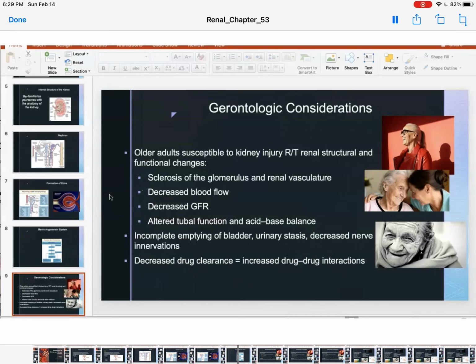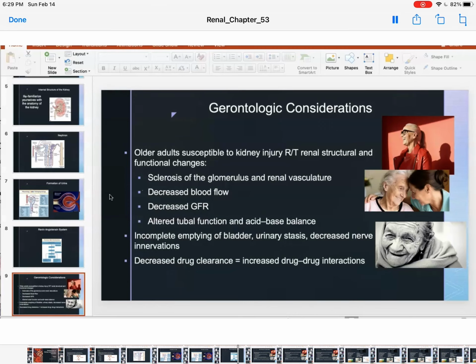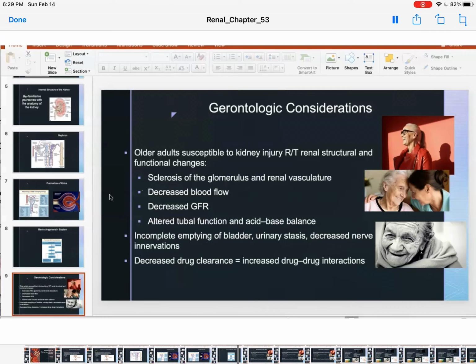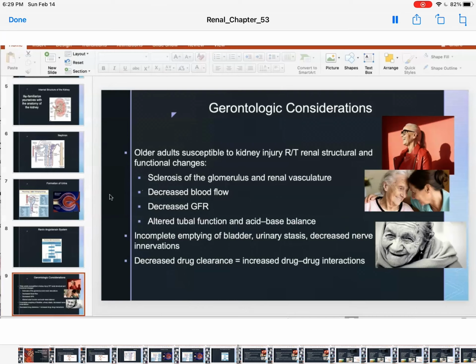All right, now to get into the gerontologic considerations. Older adults are susceptible to kidney injury because their renal structure and other functional changes occur as we all age.